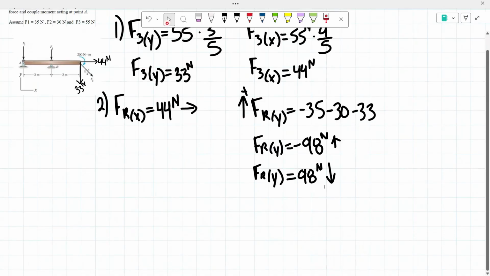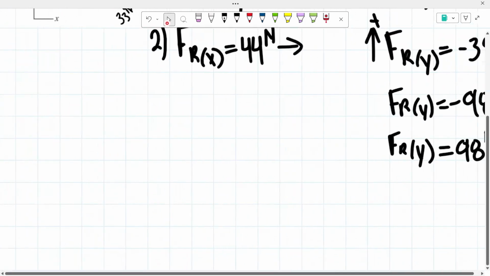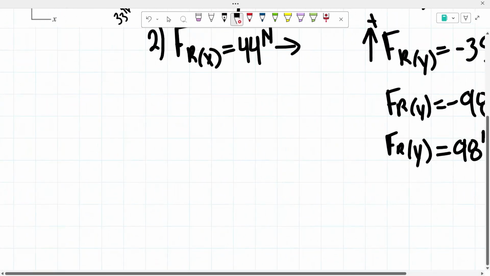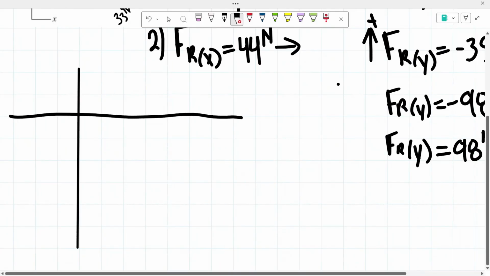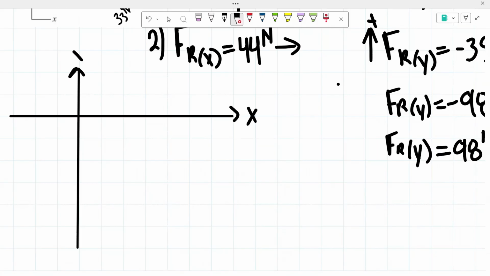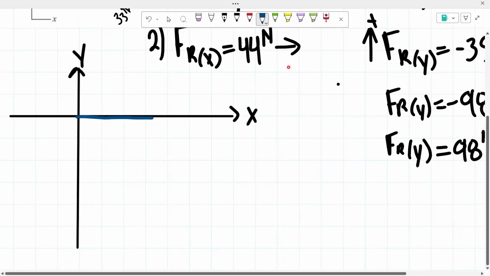Now that we have our x and y force, I'm going to draw a sketch to then determine our resultant force and its direction. We're going to have our y-axis and our x-axis. So this is x, this is y. As you can see for our x-axis, we have 44 newtons going to the right, so we're going to draw that out, which is about here.